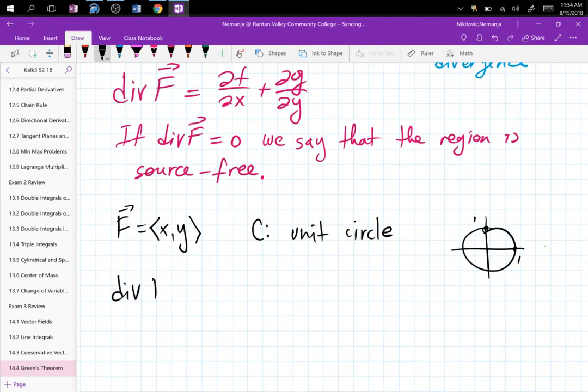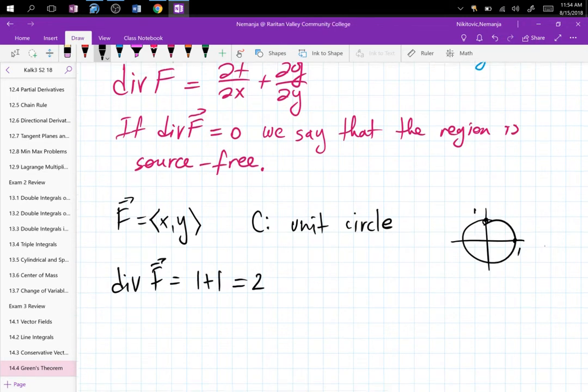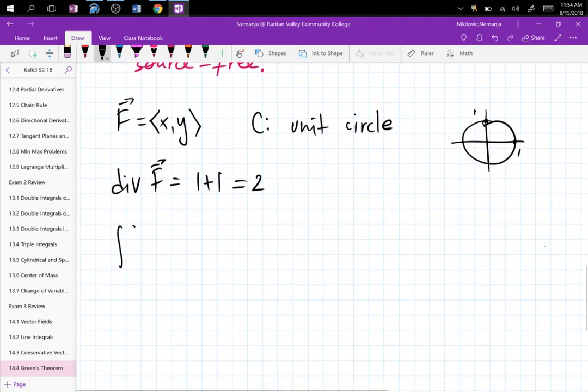So divergence of the vector field will be 1 plus 1, which is 2. And now we set up our double integral. We are going to use polar coordinates again, r, d theta, because it's a unit circle. It can be done over a square and triangle and whatever, as long as the region is closed.